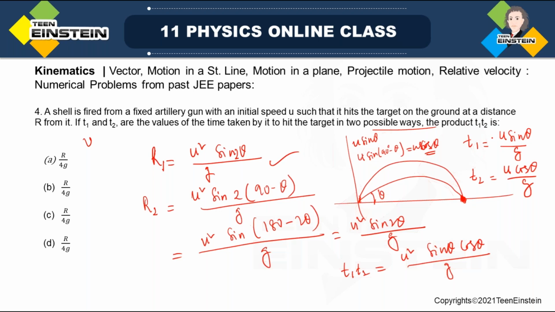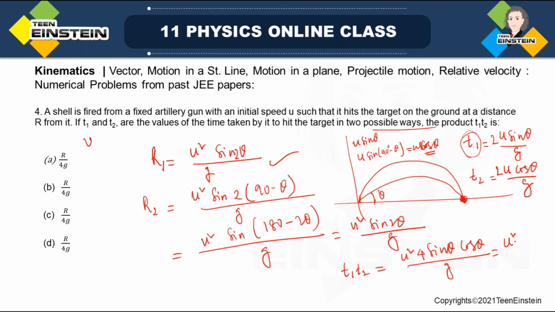You have to multiply it by 2 because these are the times of flight. So 2 has to be multiplied in both cases, so here there will be 4. 4 means 2 sine theta cos theta we can write.